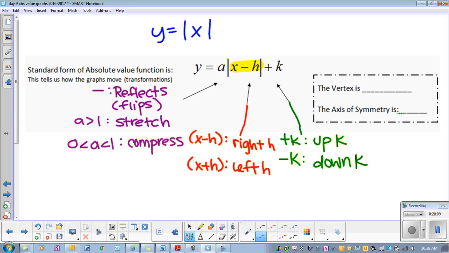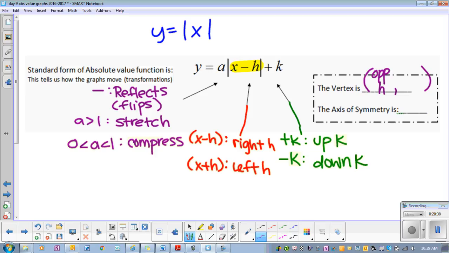Something, you can look at the equation and you can give me the vertex right away. All right? There are a few ways to think about this. You could actually think about the graph moving according to the transformations, or you can use this trick. Your x number is going to be opposite whatever the number is that's inside with the x.